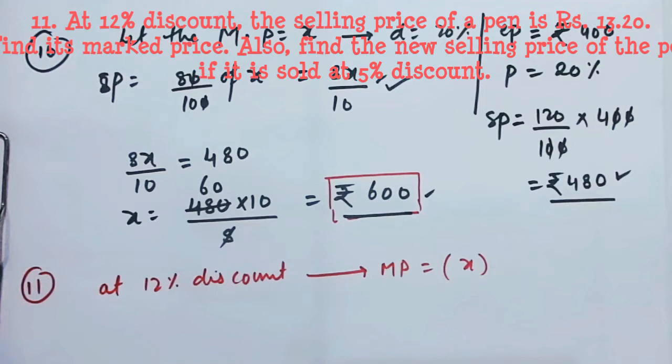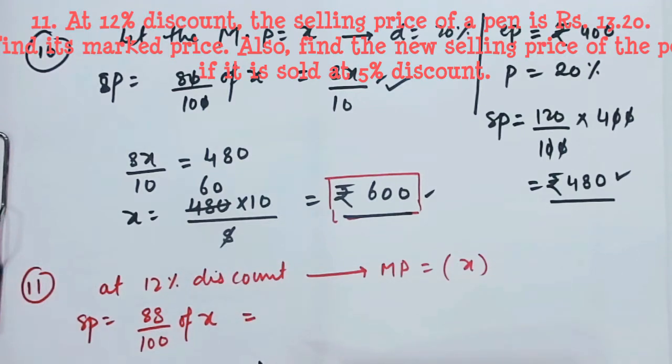Even I do not know the mark price. So when mark price is x and discount is 12%, what will be the selling price? Selling price will be 100 minus 12, that is 88% of x, of the mark price.